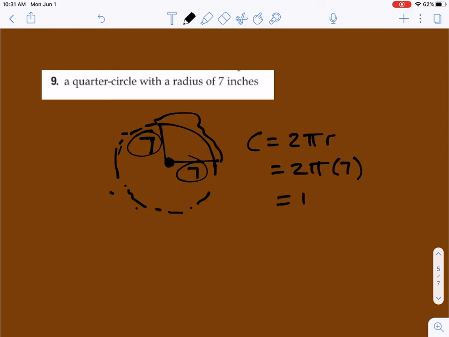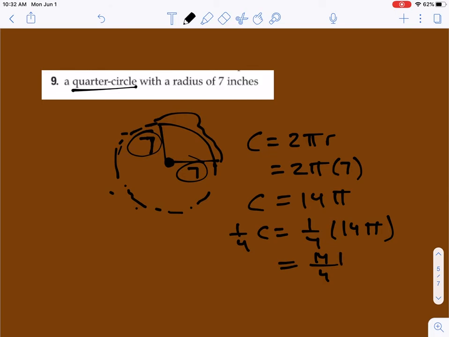So it's 14 pi would be the entire circumference, right? But I only need 1/4 of this because it's a quarter circle. A quarter means 1/4. So 1/4 of the circumference would be 1/4 of 14 pi, which is 14 over 4 pi. And then do a little simplification, and you get 7/2 pi.